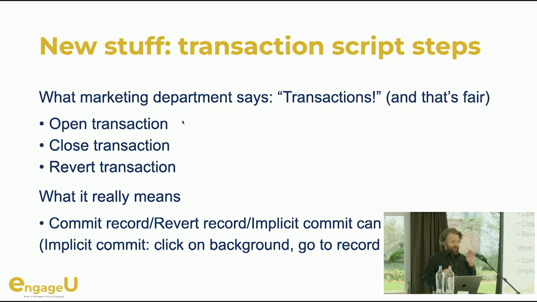But what open transaction does is strictly no different from open record. It's the same script step, labeled differently. And what commit transaction does is strictly the same as commit record. There's no difference at all, right?